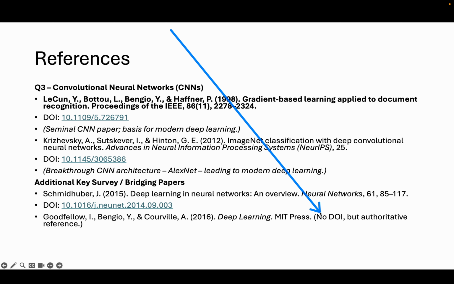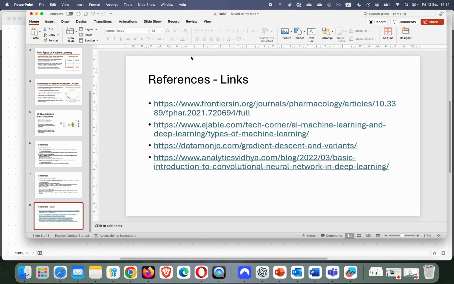This is a very authoritative reference, but I couldn't find the correct reference number. If you type Goodfellow, you would find the actual paper. And here we have the links that we used for these slides. Now let me share the screen so we can review the same thing but from a slightly different perspective.